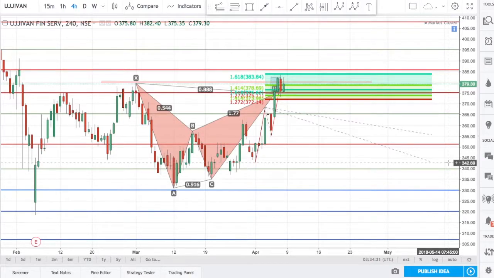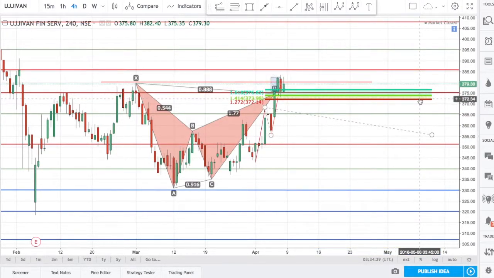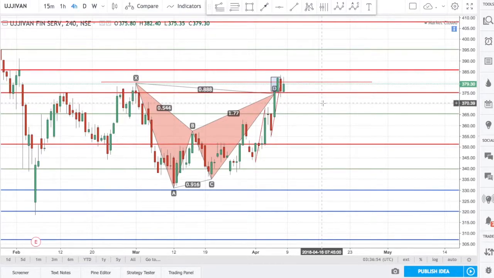There is no single point which is overlapping on another point. So to me, there aren't any Fibonacci confluences. Okay, so we have our pattern setup drawn and our partially good references in place.